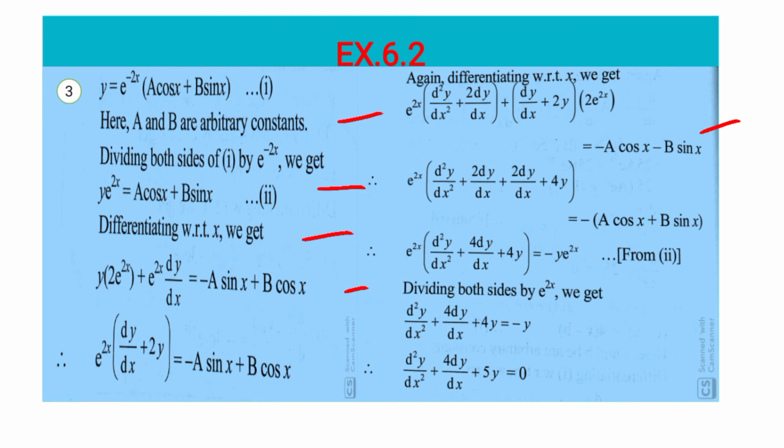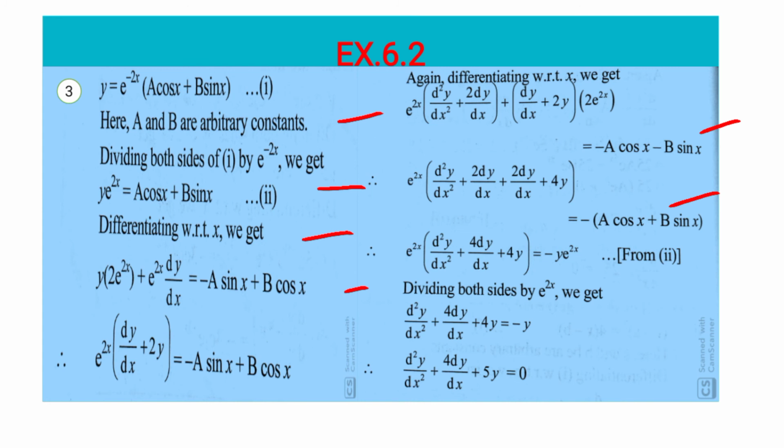Therefore, e raised to 2x into d2y upon dx square plus 2 dy by dx plus 2 dy by dx plus 4y is equal to minus common a cos x plus b sin x. Therefore, e raised to 2x into bracket d2y upon dx square plus 4 dy by dx plus 4y is equal to minus y e raised to 2x from 2.